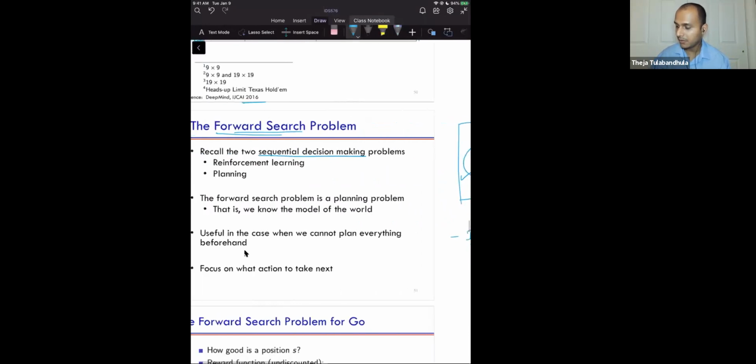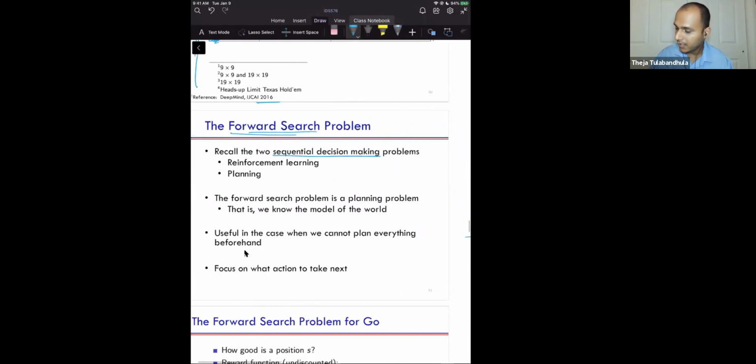Now, what is the forward search problem? It's a problem where you want to figure out the best action to take next. You are in some situation, typically some state, and you ask: in this state, what's the best action to take? That's the only question you're answering.